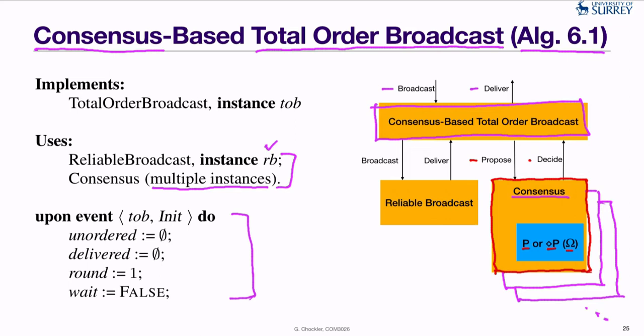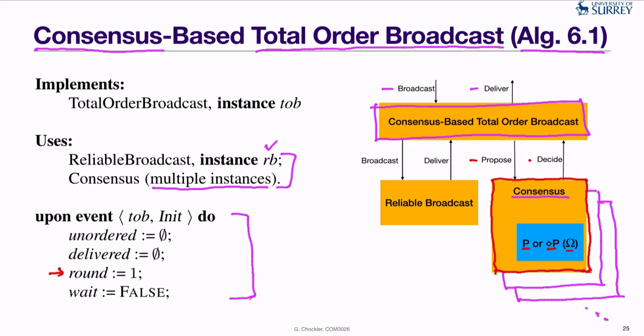The names are descriptive, so they correspond to what they actually are. Now a variable round here suggests that there is some notion of round being implemented in the algorithm. These rounds, as we will see, correspond to invocations of a specific instance of consensus.